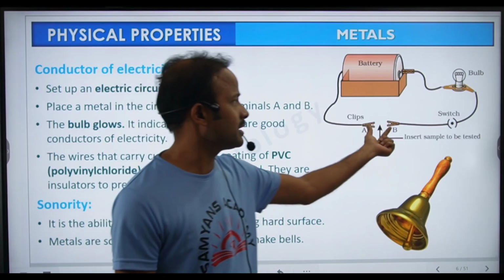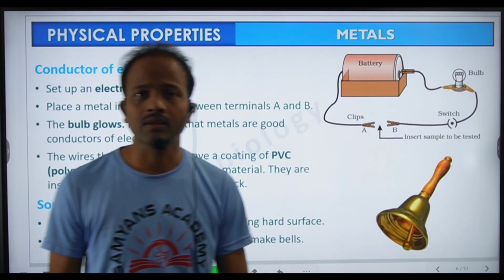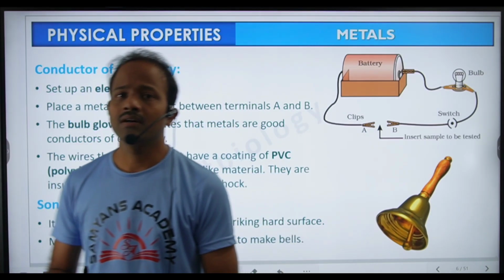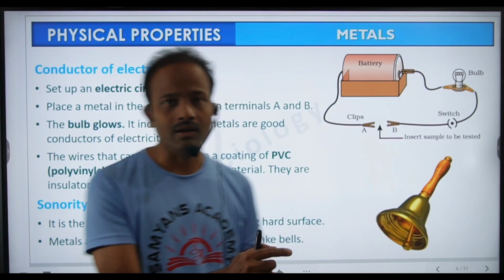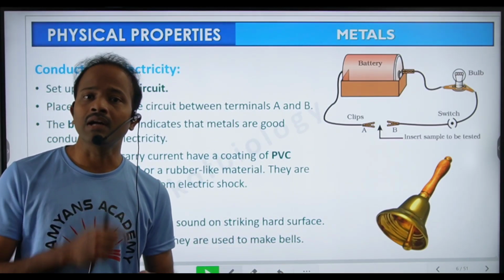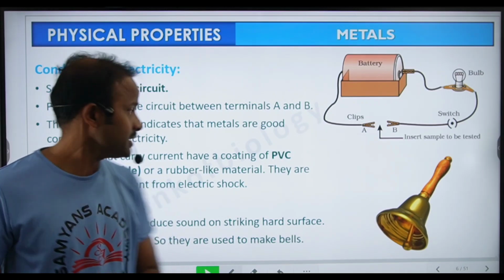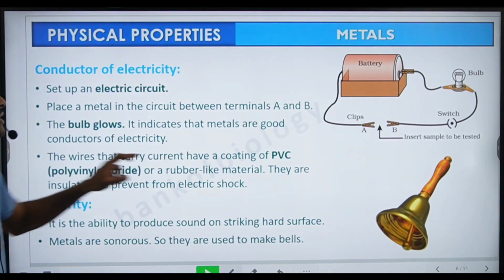You connect it, and when you switch on the battery, the bulb glows. So this activity shows that through the metal wire the electricity is passed, meaning the metal wire allows the electricity, so metals are good conductors of electricity. Set up an electric circuit. Place a metal in the circuit between the terminals A and B.